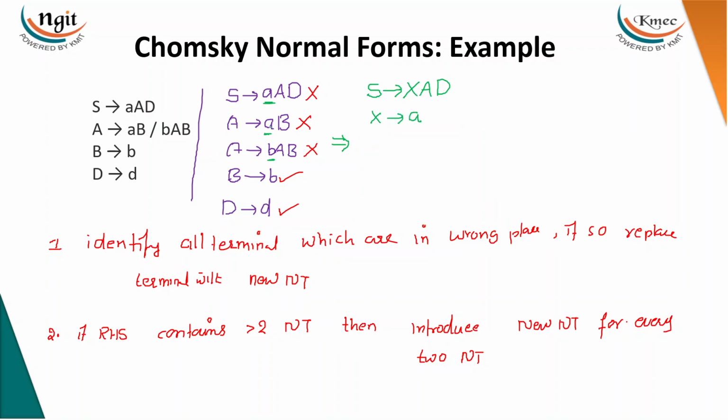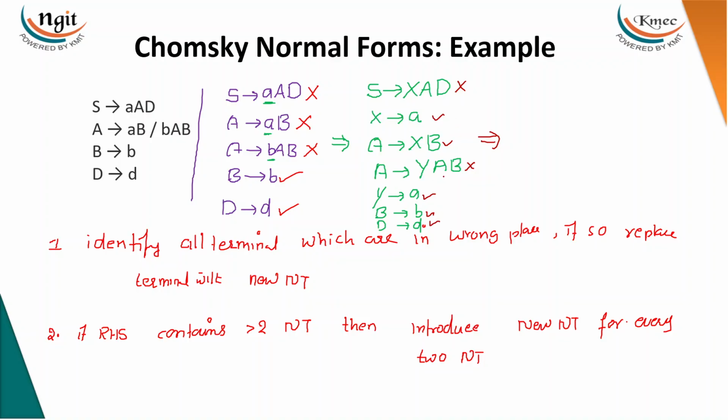Wherever we have the terminal a, replace it with the new non-terminal X. A tends to X B. Then for A tends to b A B, the terminal b is in the wrong place, so take Y A B, where Y tends to b. We already have B tends to b and D tends to d. Now check how many are already in CNF. This one is not in CNF, and this one is not in CNF, but all the others are in CNF.